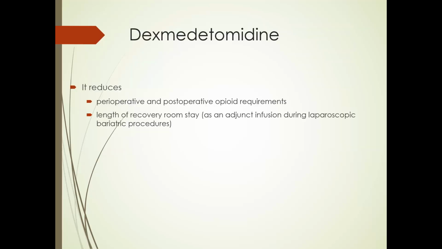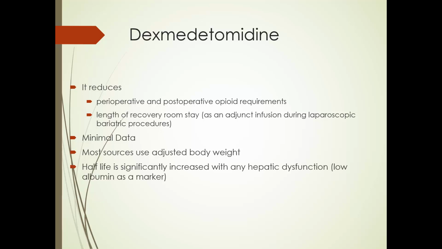Dexmedetomidine. It reduces peri-op and post-op opioid requirements and also length of recovery room stay when it's used as an adjunct under general anesthesia. There's very minimal data when it comes to dosing, and most sources use adjusted body weight. Half-life is significantly increased with any hepatic dysfunction.